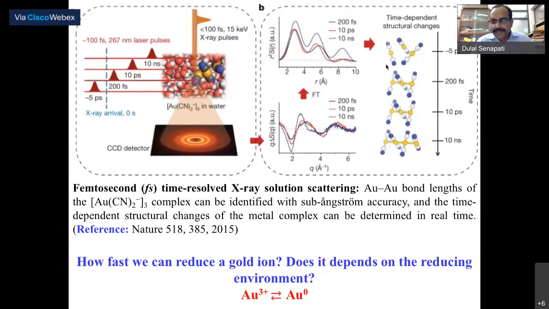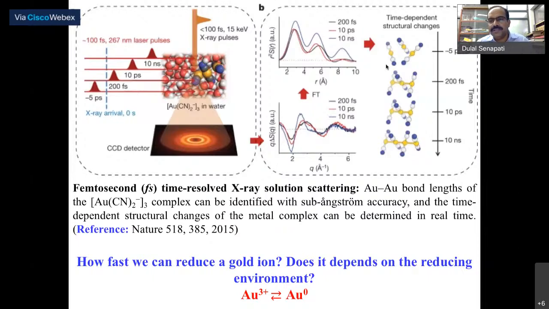Not only that, even on the femtosecond time scale, experimentalists have found, from femtosecond time-resolved X-ray scattering, how gold atoms come close to each other and make a bond. From this data you can easily find the bond length as well as the conformation, how the gold atoms come close to each other to make a cluster.